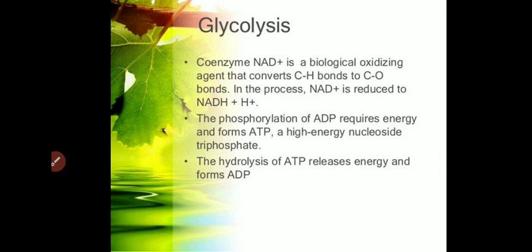Here the coenzyme NAD+, which is a biological oxidizing agent, converts carbon and hydrogen bond into carbon oxygen bond, which involves the reduction of NAD+ into NADH plus H+ ions.